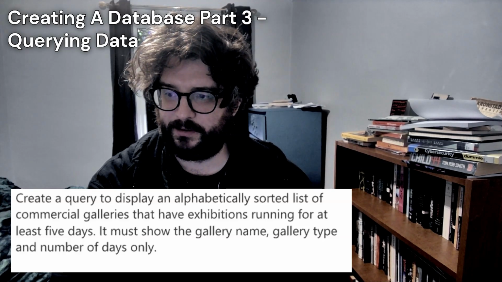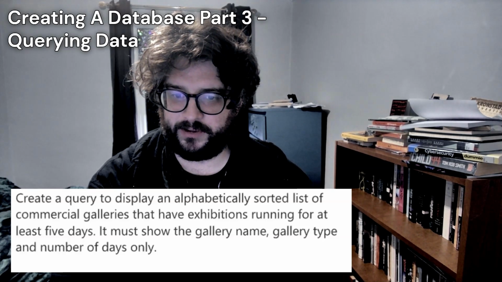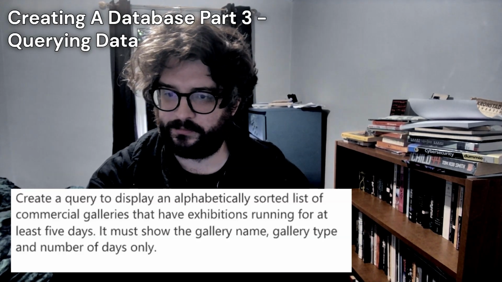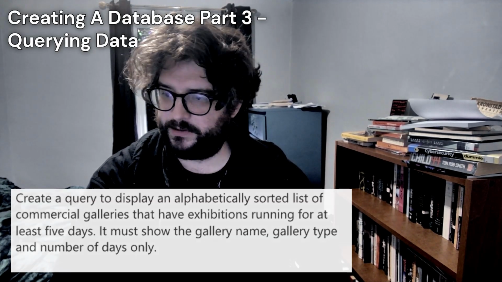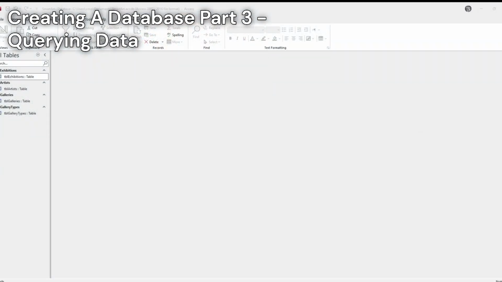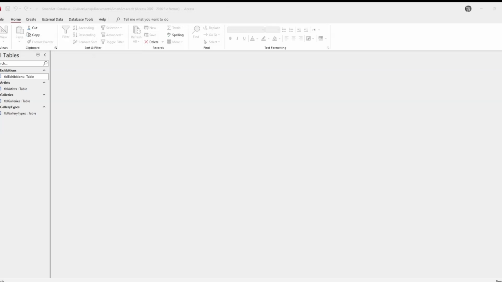Okay, so I'm just going to get this up. Open my Smart Art database again, and let's go. Right, first thing we want to do, there is a query wizard just here.